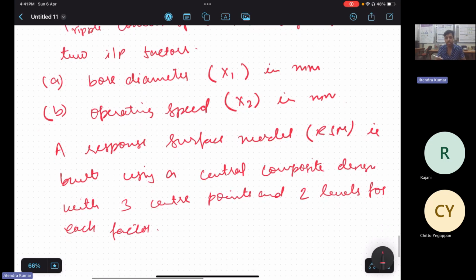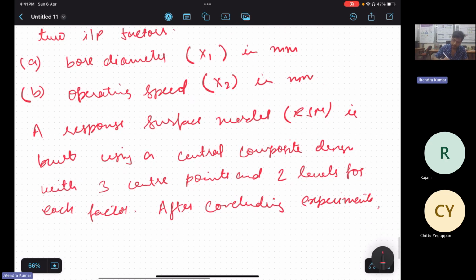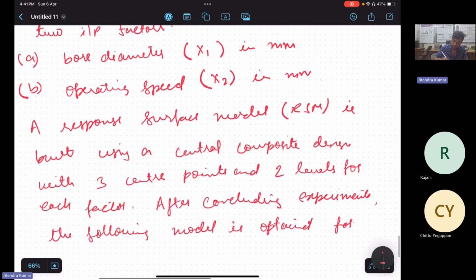After concluding the experiments, the following model is obtained for predicting torque ripple.